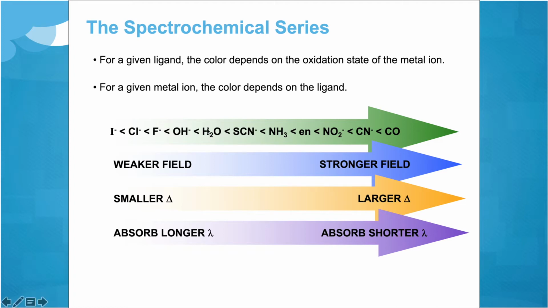Here we have the types of ligands, from weak to strong, so weaker field to strong field, with a smaller delta and a larger delta. The weak field ligands absorb longer wavelength compared to the strong field ligands, which absorb shorter wavelength based on the color spectrum.